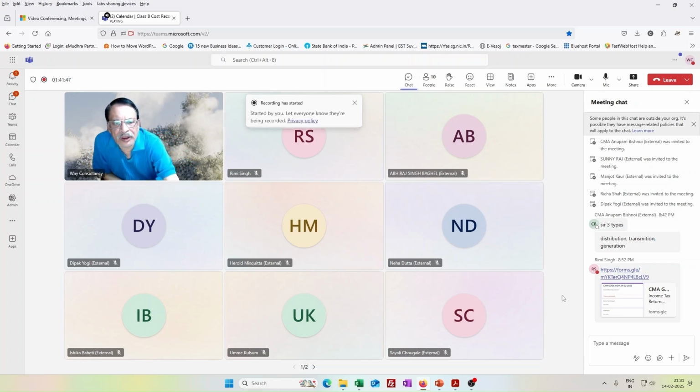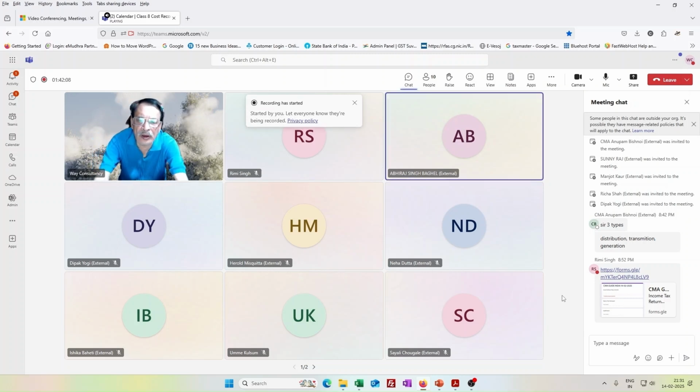Is there any question? Abhiraj? Yes, sir. Is there any question? No, sir. Have you understood the process? How I have computed the total mechanism? Yes, sir.